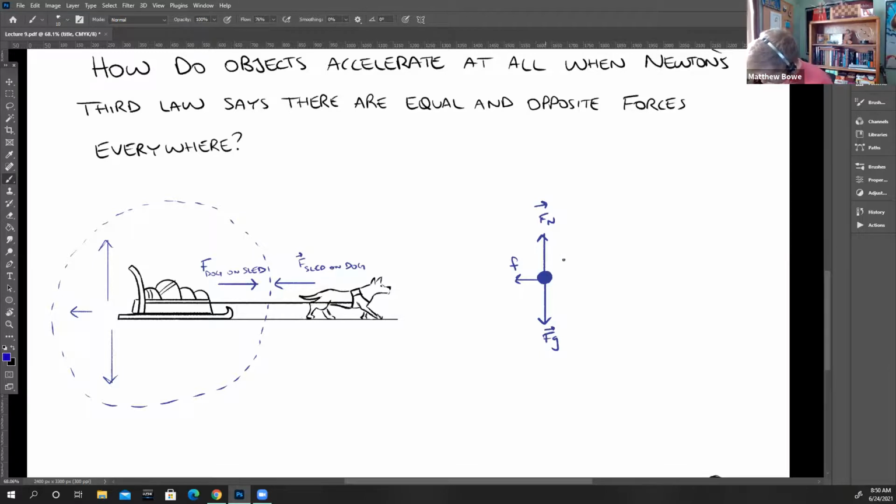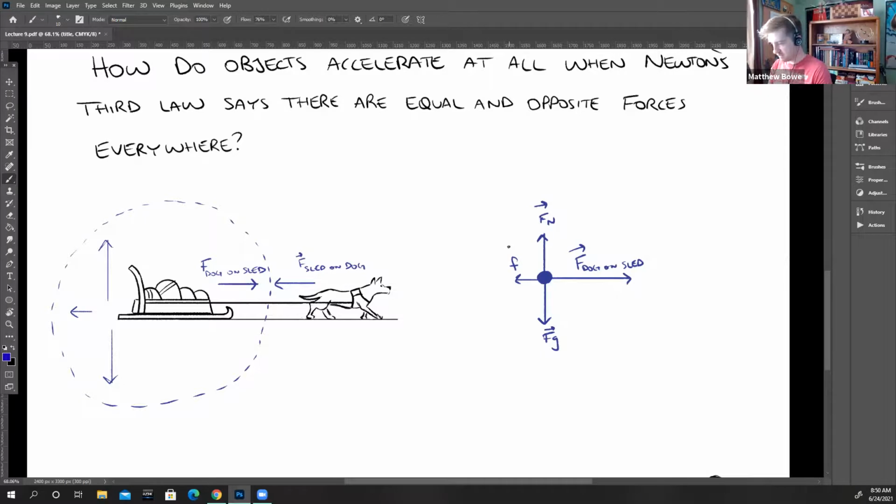But then there's this larger force to the right. That's the force of the dog on the sled. Now it's clear that once we zoom in on only what we're interested in, that's where we see the acceleration happens. Since this is larger than the friction, that's how we're able to move things.